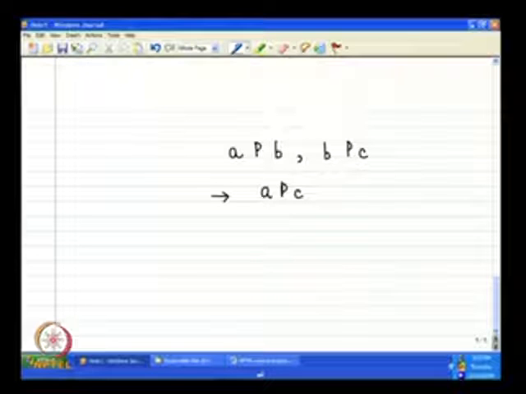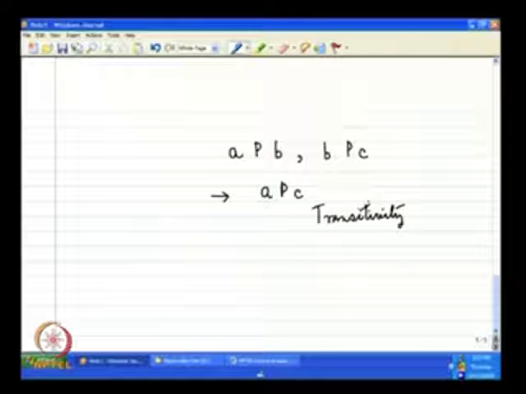This kind of consistency is known as transitivity of preferences. If you prefer A to B, if you prefer B to C, then it basically means that you prefer A to C.